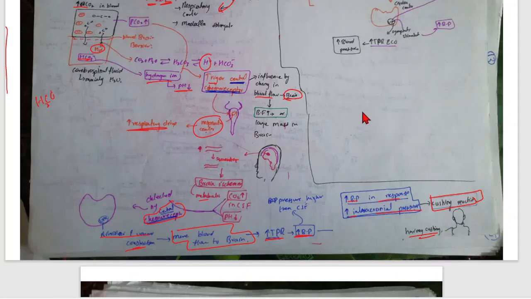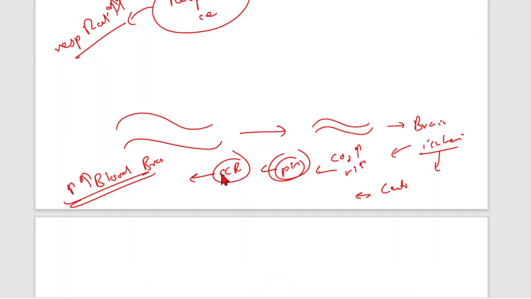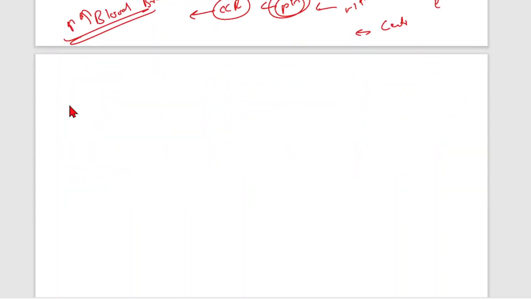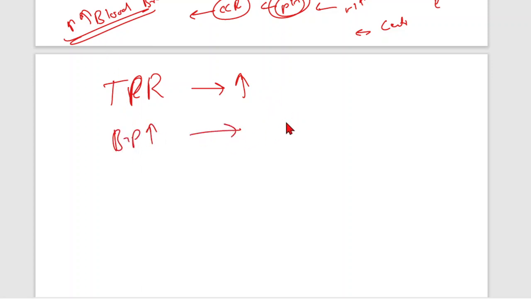When this increases, now you have to remember that when more blood flows to the brain, total peripheral resistance also increases. How will it happen? It happens when total peripheral resistance increases, so more blood goes to the brain. Blood pressure also increases, so more blood goes to the brain.